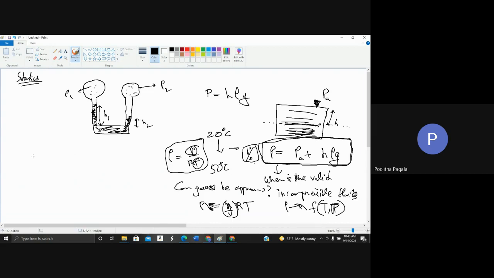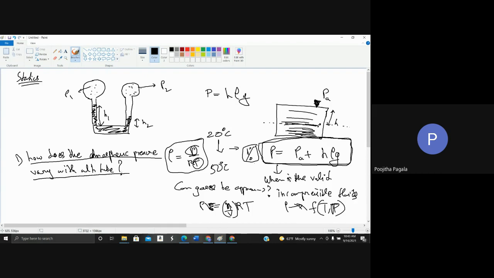So try this problem. How does the atmospheric pressure vary with altitude? I want you to try this problem by the next time we meet.